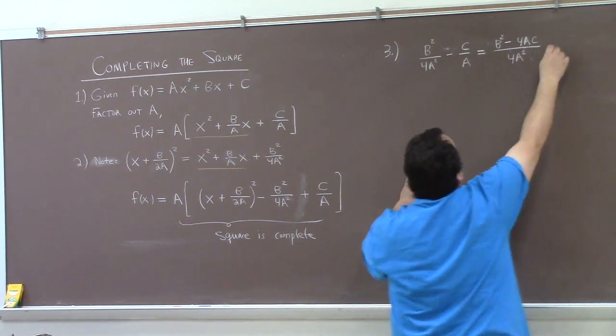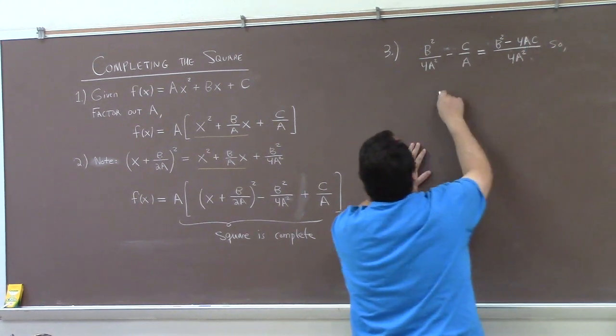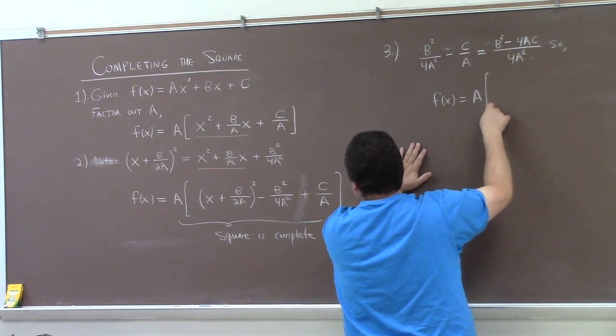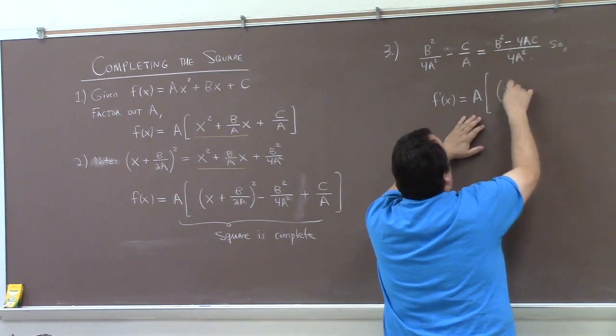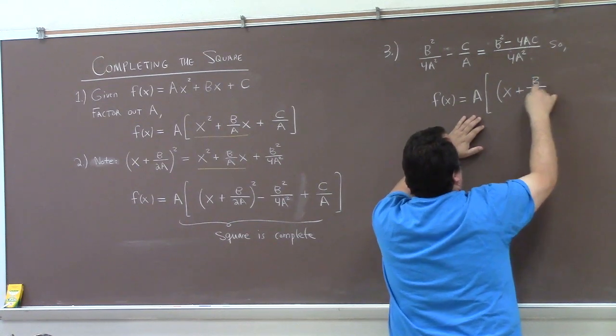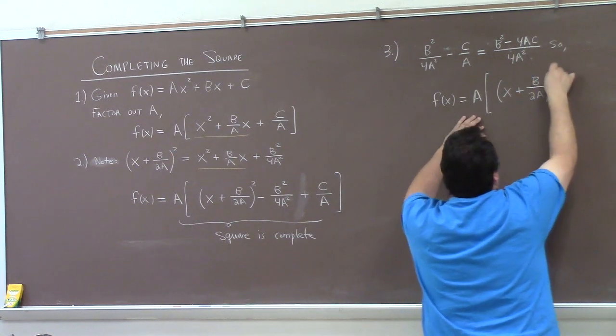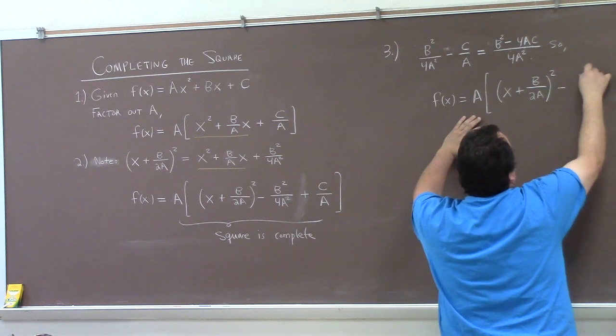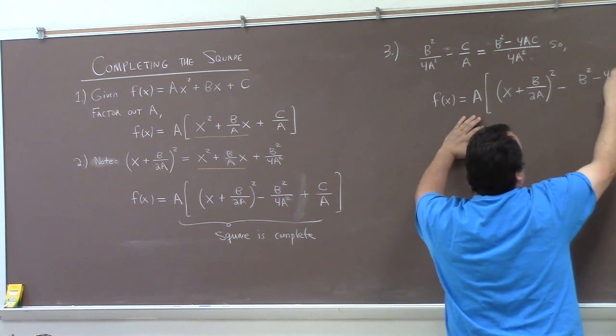So we have f of x equals a, big parentheses, x plus b over 2a squared minus b squared minus 4ac.